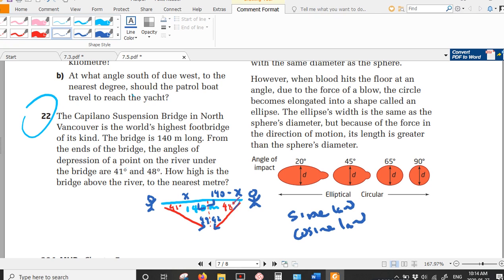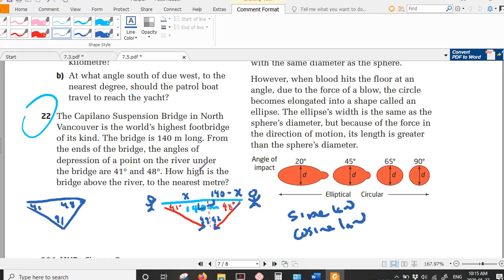If I looked at the big triangle, that means this is 41, that is 48, and this would be 91, right? To make that 180. And no, even if I looked, I was thinking maybe if I look at the big triangle and compared it to one of these small ones to see if they're similar, I don't see a similarity there either.